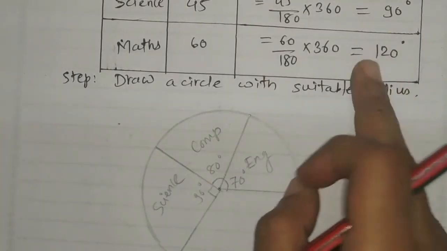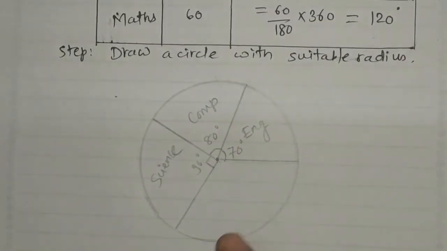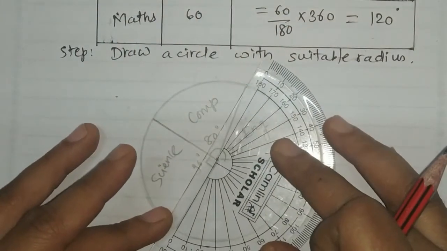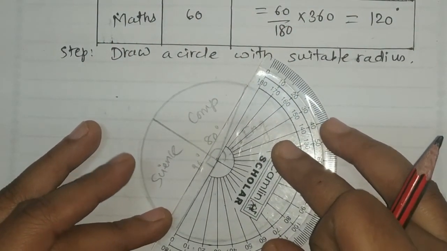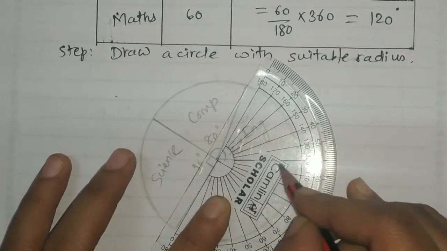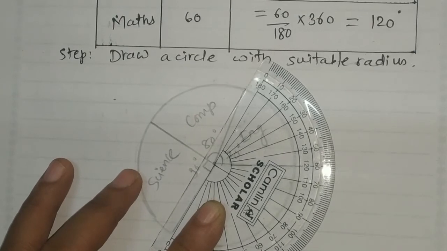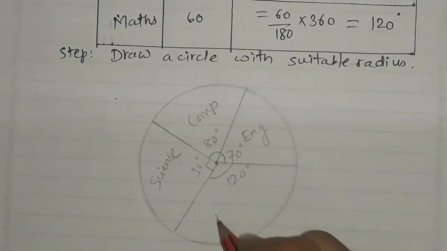And the last sector will be for the maths, that is 120 degrees. So here one angle is already left, so we will just measure it. If you see here, it is coming exactly 120 degrees. That means this construction of ours is accurate. It is 120 degrees for maths.